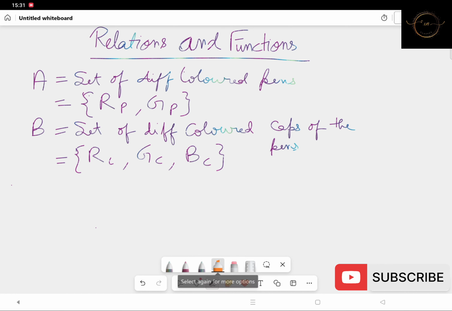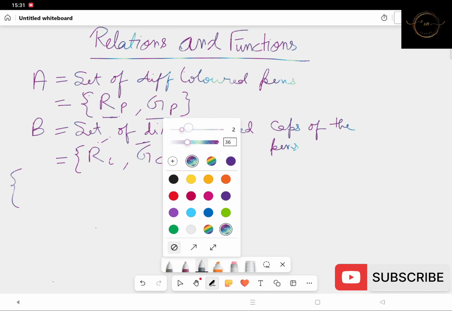For this red pen, red cap, green cap as well as black cap can be used. Whereas for this green pen, red cap, green cap as well as black cap can be used.